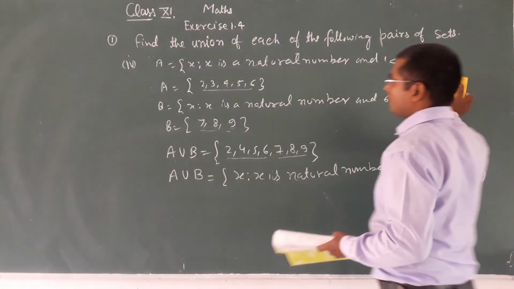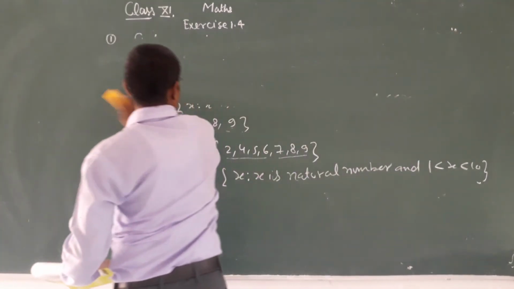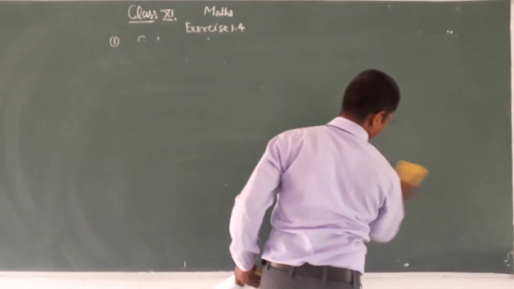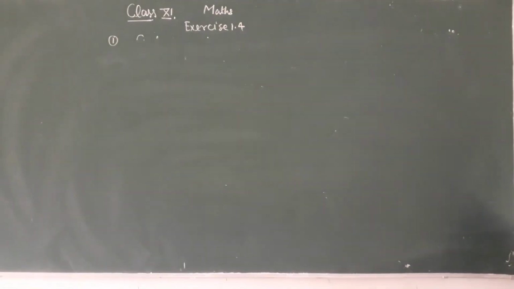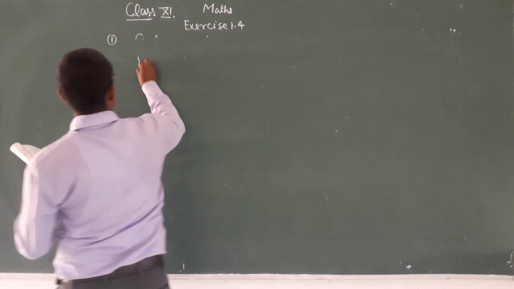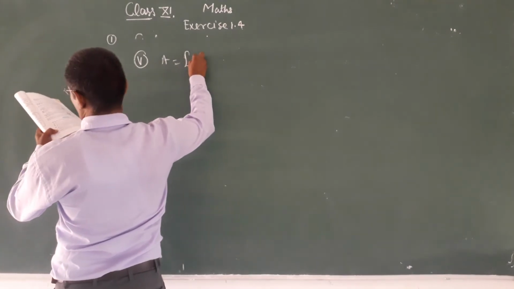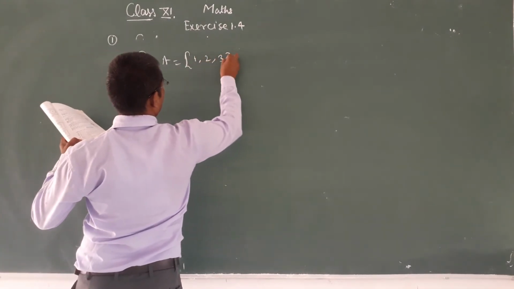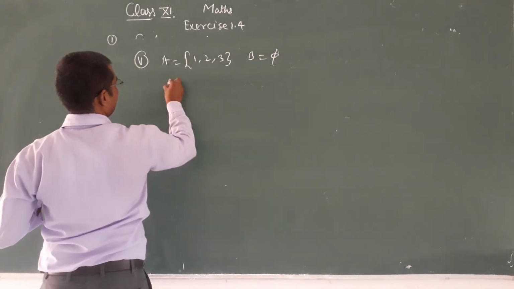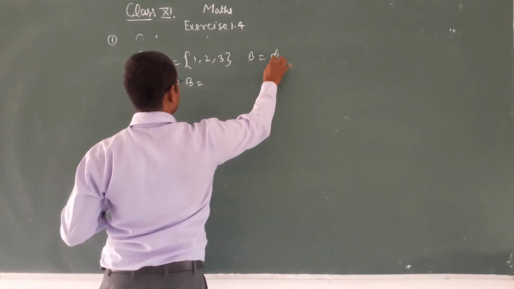Question number 5, part 5. A is the set {1, 2, 3} and B is the empty set.